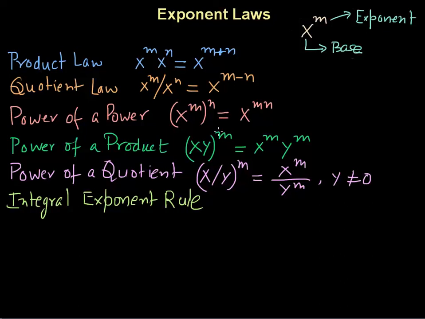So the integral exponent rule is, if I have x to the power minus m, then that becomes 1 upon x to the power m. And this is very easy to understand, because basically what happens here is you actually have 1 upon 1 also, but normally we do not write it as upon 1. That's why I did not write it earlier.